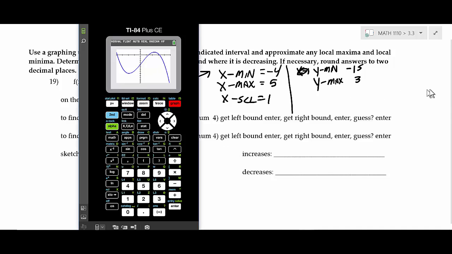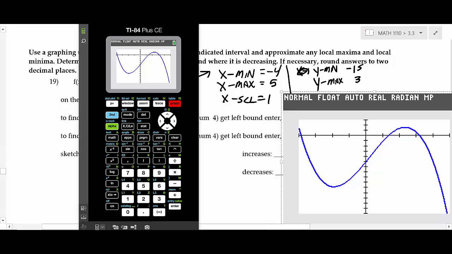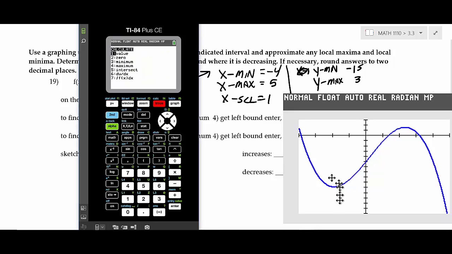So I'm going to slide this over here, put my graph over here for a second, and show you what to do. You would just repeat what we did on a previous problem. You go second trace, and I'm going to start by finding this minimum. Go to option 3, minimum, and press enter.